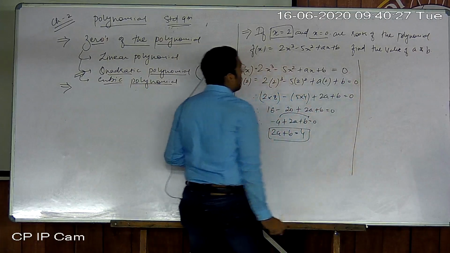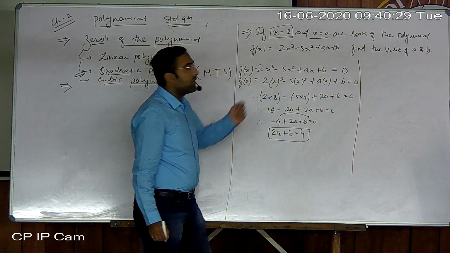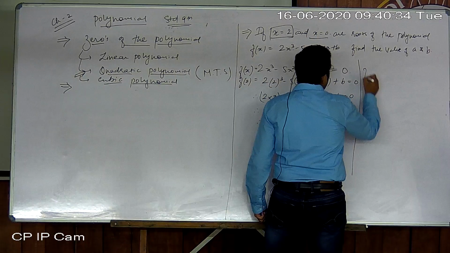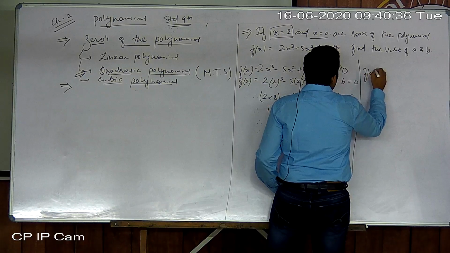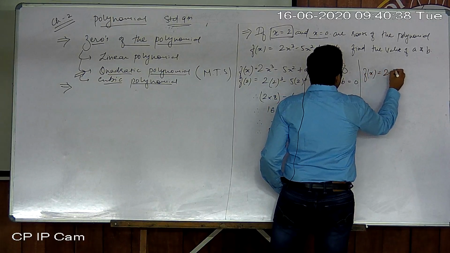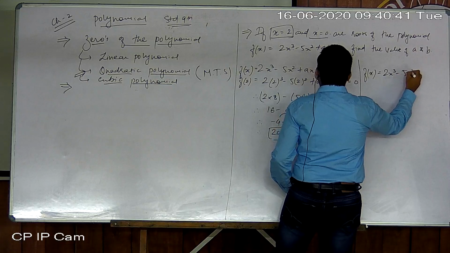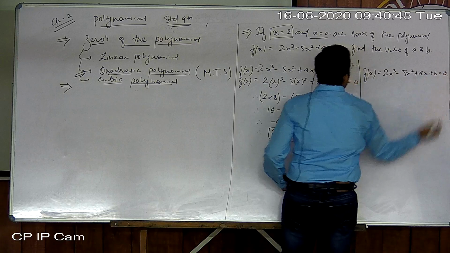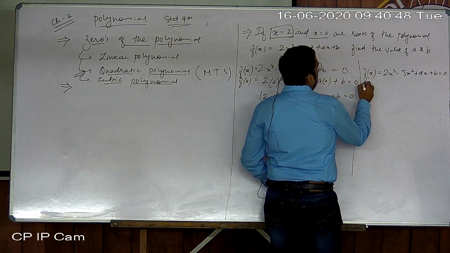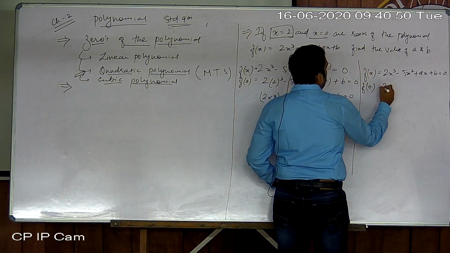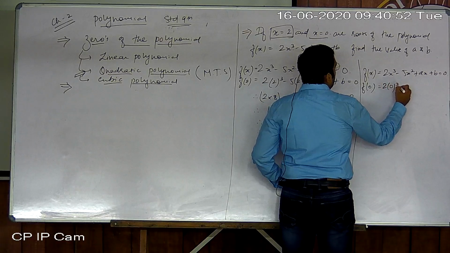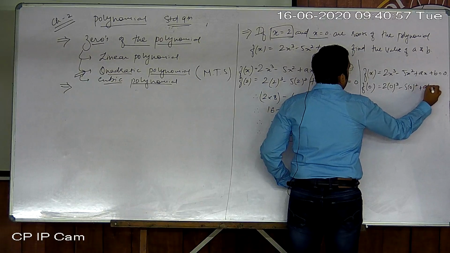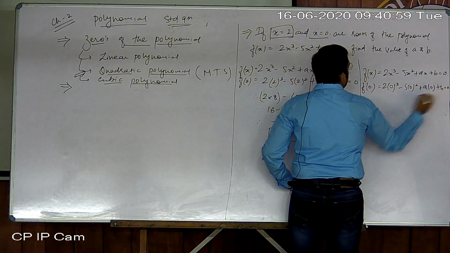Now I'll take x equal to 0 for the same polynomial. f of x equal to 2x cubed minus 5x squared plus ax plus b equal to 0. Therefore f of 0 equal to 2 into 0 cubed minus 5 into 0 squared plus a into 0 plus b equal to 0.